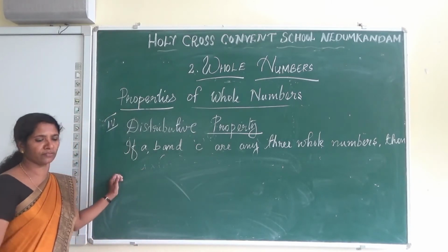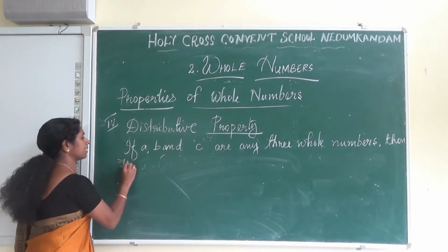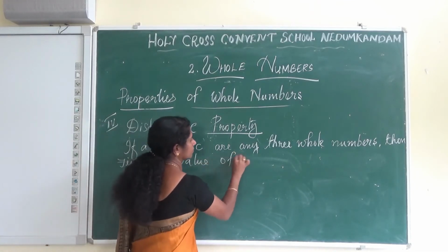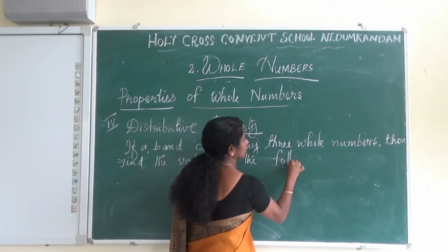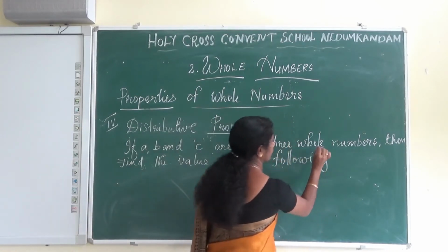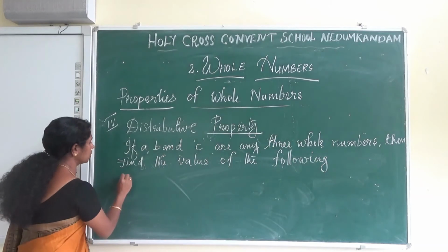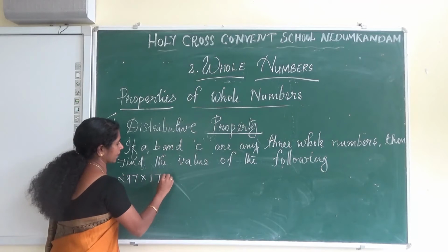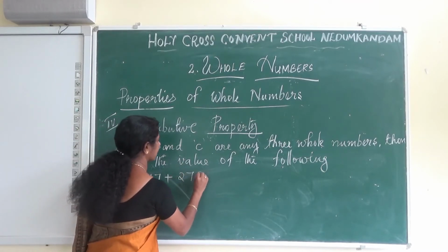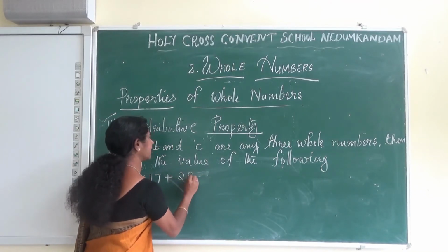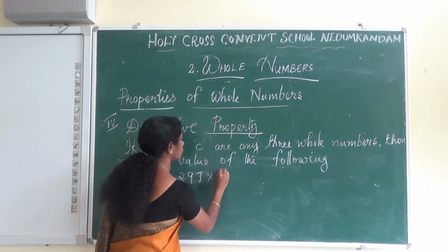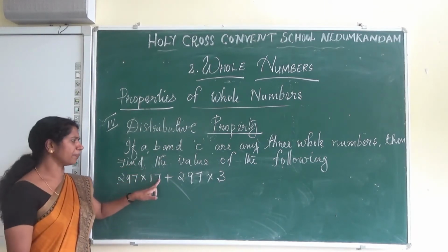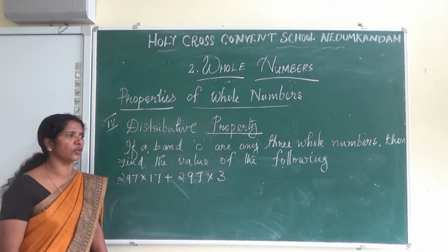Find the value of the following: 297 into 17 plus 297 into 3.